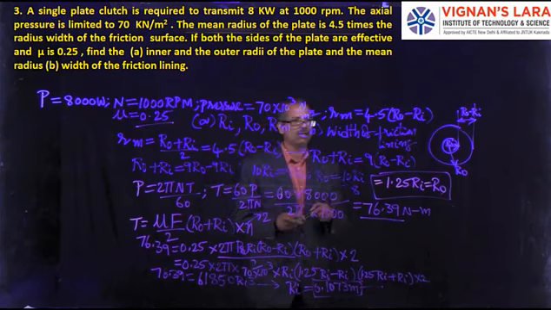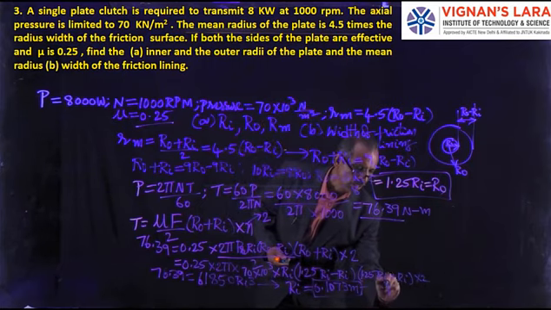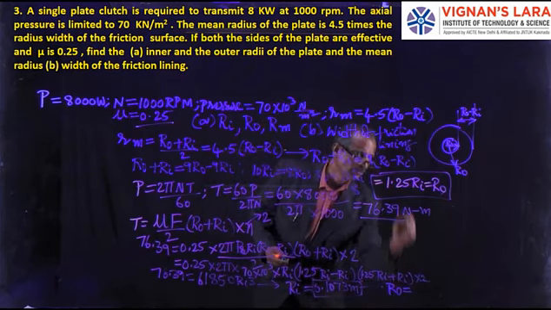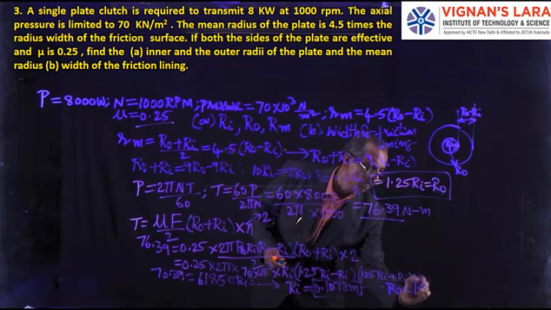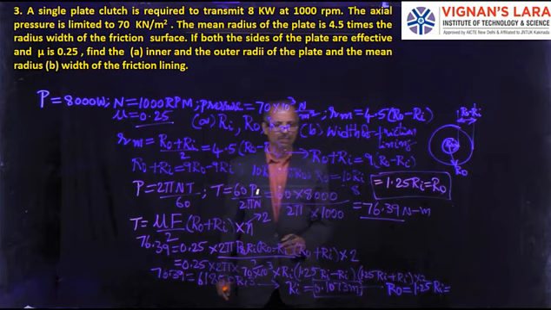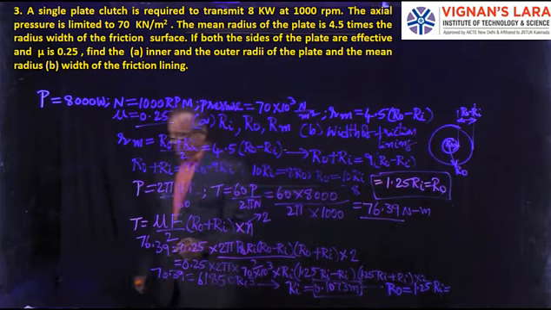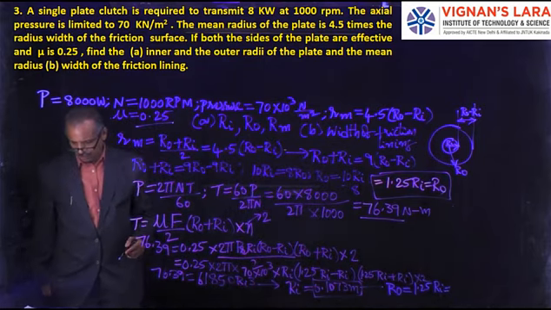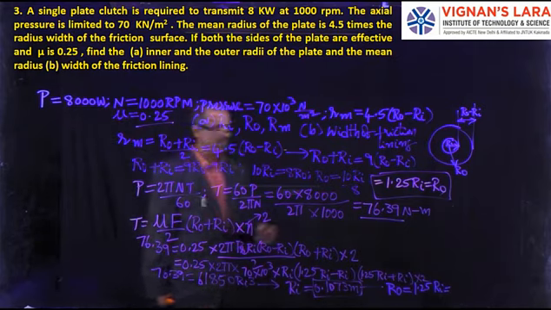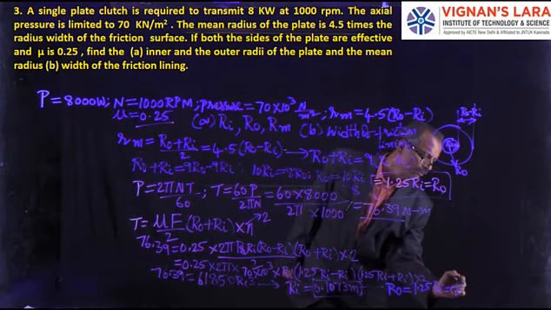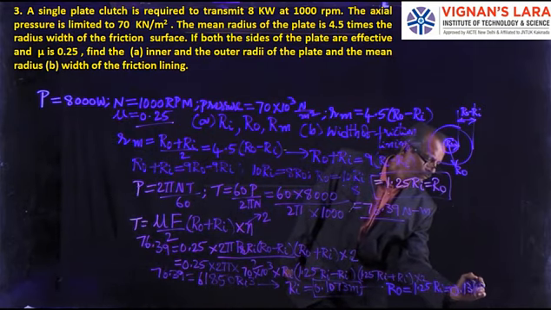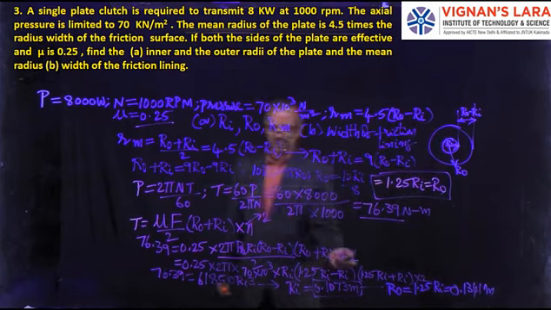Then what is R naught? R naught is 1.25 Ri. By substituting the Ri value, I get R naught as 0.1341 meter. Then what is R mean?